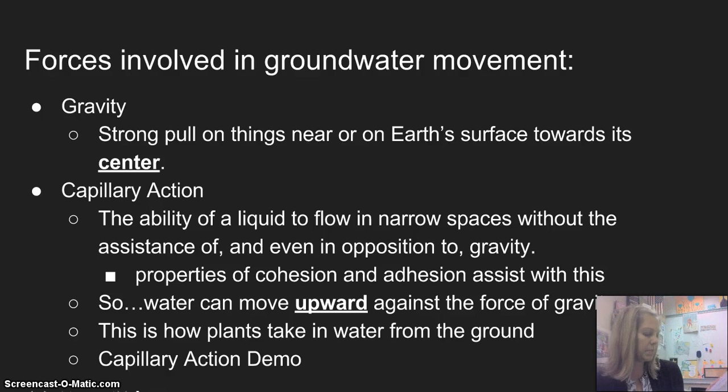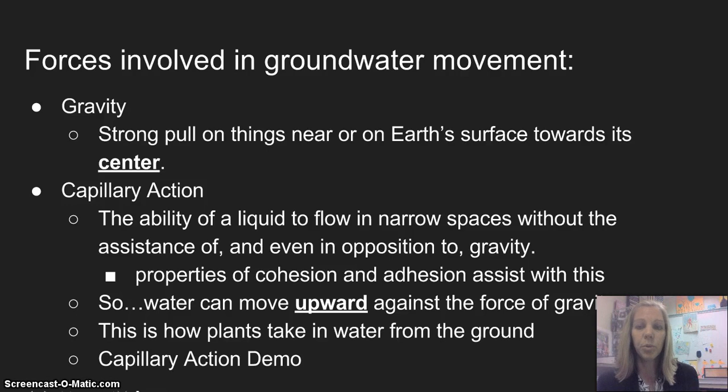All right, last but not least, I told you I would talk about capillary action a little bit more. As you know, water moves underground. It can either be stored, where there's bedrock kind of all around it, or it can flow. And two forces create flow, and one is gravity, which I'm sure you know a lot about by now.